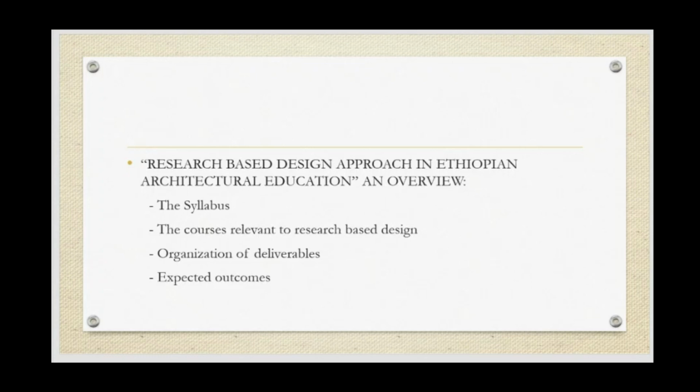When we talk about the expected outcomes of the design, research-based design is more supportive towards solutions. Rather than only explaining what design you have done, you have to explain how that particular design approach solves the problem which has been identified through the process.